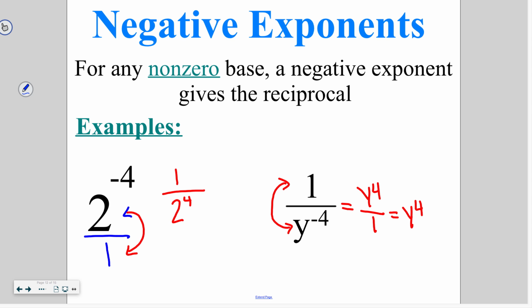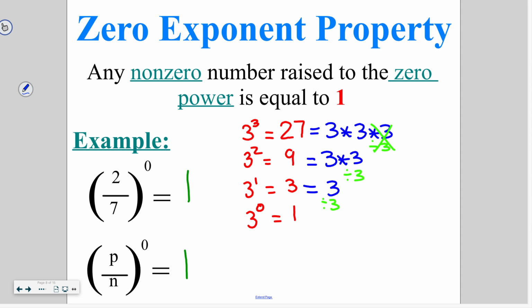Now, again, why does this work? I'm going to go back to the explanation we started here with the 3. If I continue this pattern, I'm at 3 to the 1 power right now, which is 3. 3 to the 0 is 1. So 3 to the negative 1 power is going to give me 1/3.